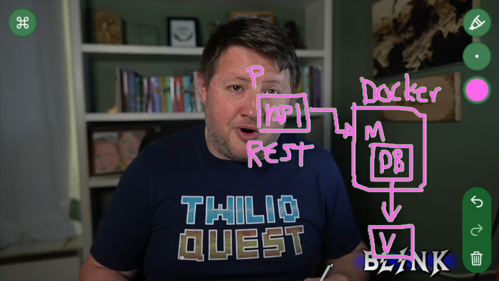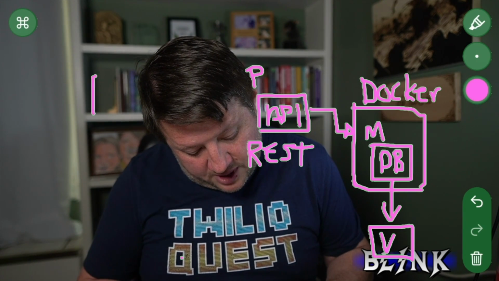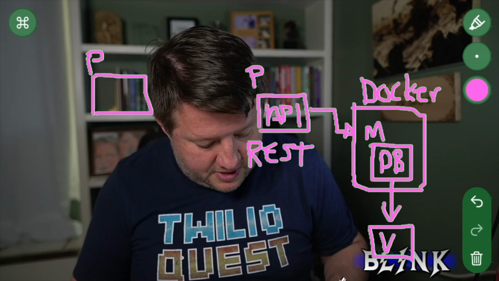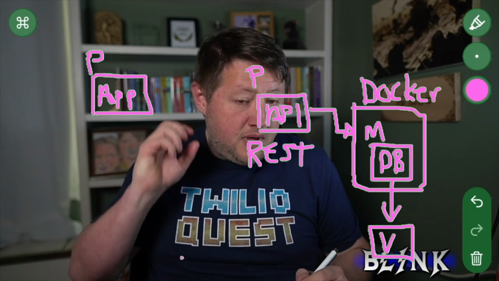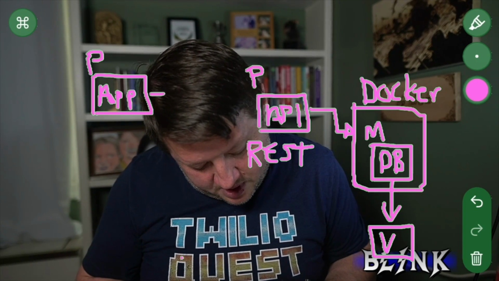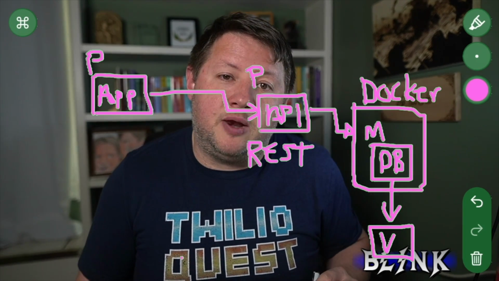Once we've built that part, we're ready to actually dig into our front end. So on the front end, we're going to have another Python app. Okay, and I'm just going to put app inside here because this is the Hangman game. Okay, and it's going to use the API to communicate with the database.